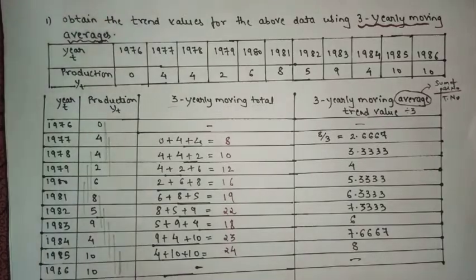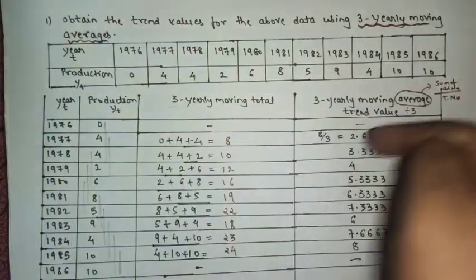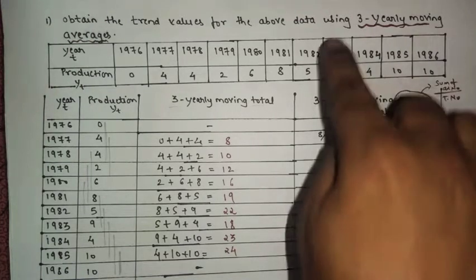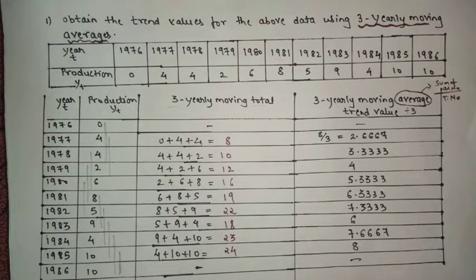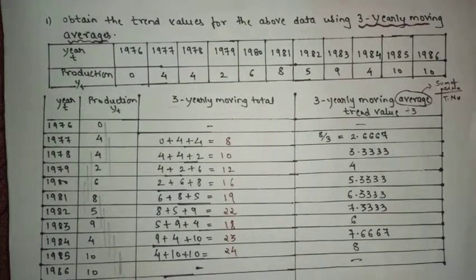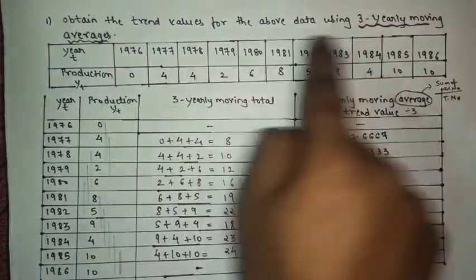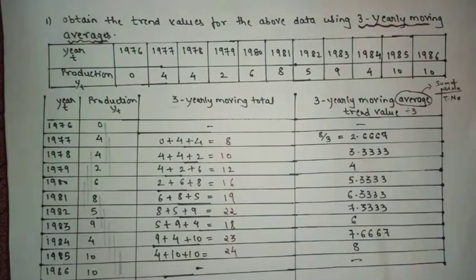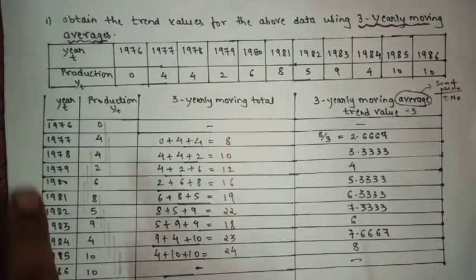I hope you understood the method of how to obtain the trend value for 3 yearly moving average. In this way you will find your answer. Now, what will be the change in the question? The year and these numbers, and the method will be the same.